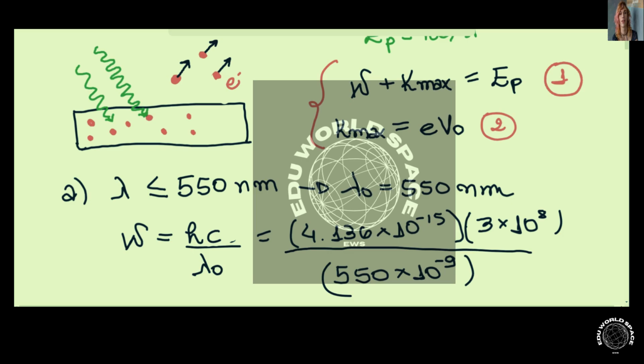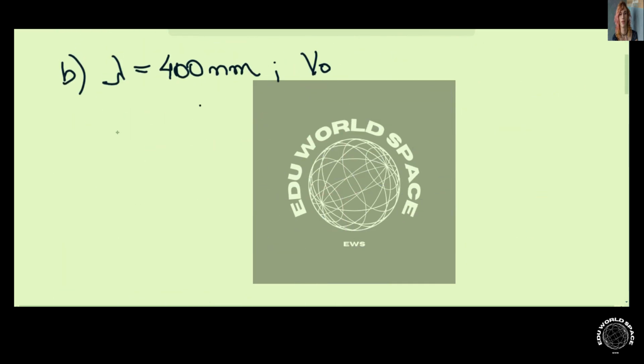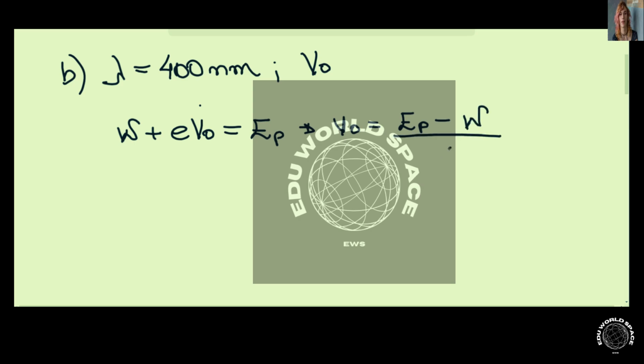We have that the work function plus the charge of the electron times the stopping voltage, which is the kinetic energy of the electron, has to be equal to the energy of the photon. Now we can isolate V0: V0 is equal to the energy of the photon minus the work function, divided by the charge of the electron.